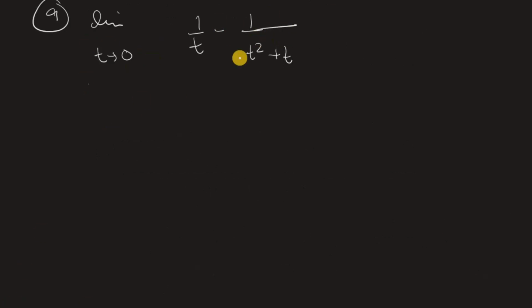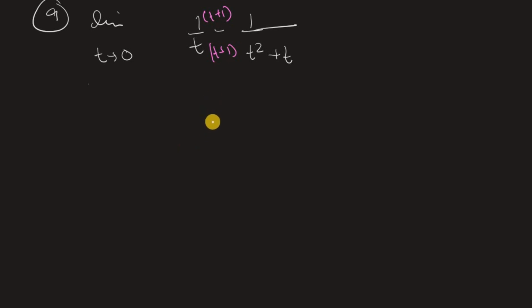Okay, so we have this next problem over here, where we basically have to get the same denominator first, and for this you can see that if you multiply this with t plus 1, you'll end up getting the same denominator. So let's go ahead and multiply this by t plus 1. Okay, so we have to multiply this top and bottom with t plus 1.